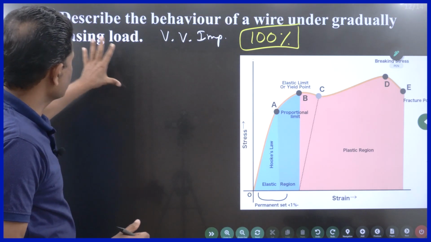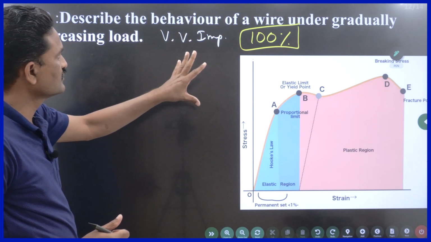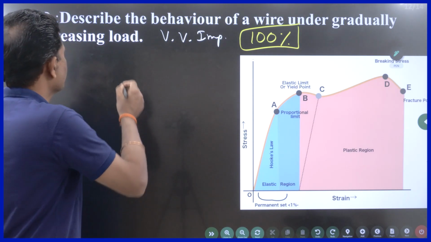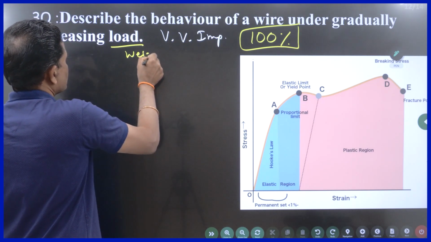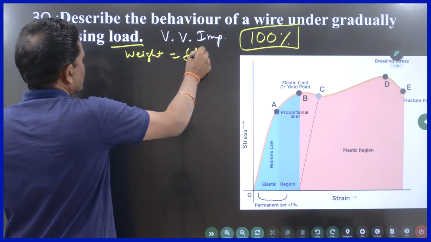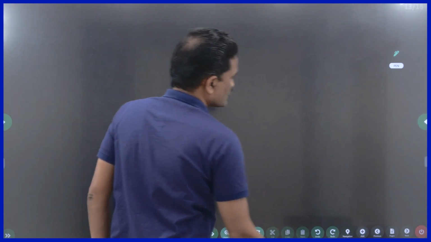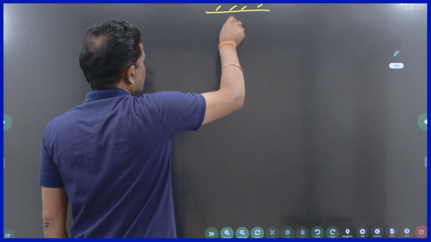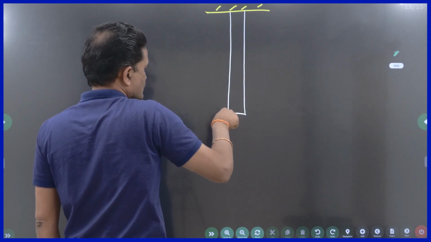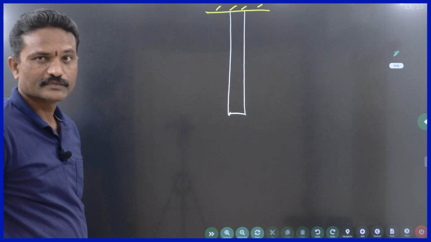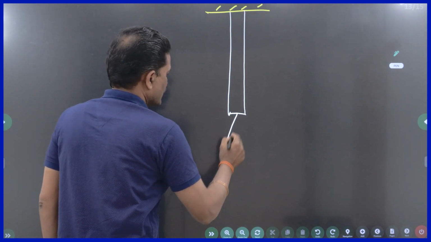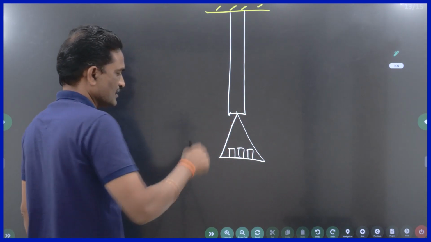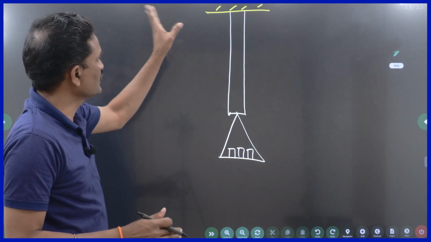Describe the behavior of a wire under gradually increasing load. Load means weight. Weight means you are applying force. So try to understand this. Suppose there is a wire. This is a cylindrical wire. Now what I am doing, I am applying some weights to the lower end, the upper end is fixed.